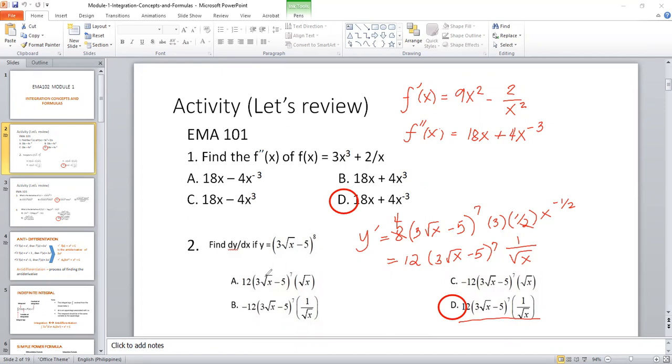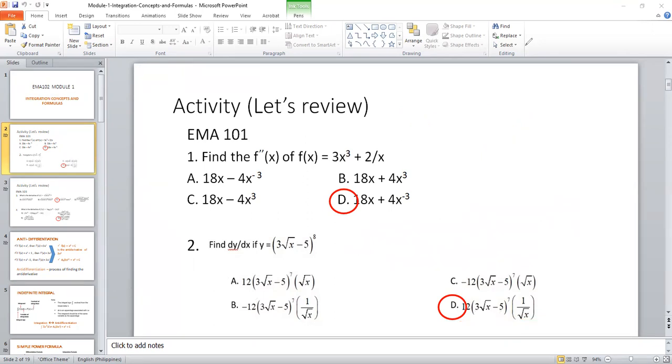But based on the choices, John, that you have to select your answer from, you just have to select the best one. So this one, the C, is wrong. This one is also wrong. This one is also wrong. So the answer is this. Okay, so the D. Thank you, miss.